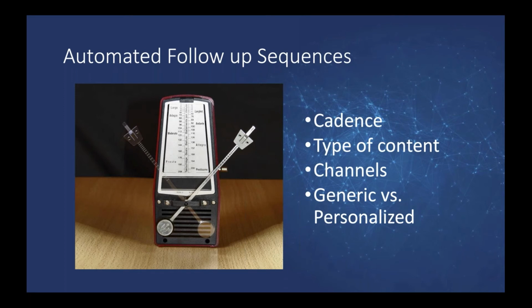If every signal says that they are likely to list soon, you definitely want to increase the cadence and frequency, so that there's no other choice but you. But a good rule of thumb to start with is every 10 to 14 days for a drip campaign.